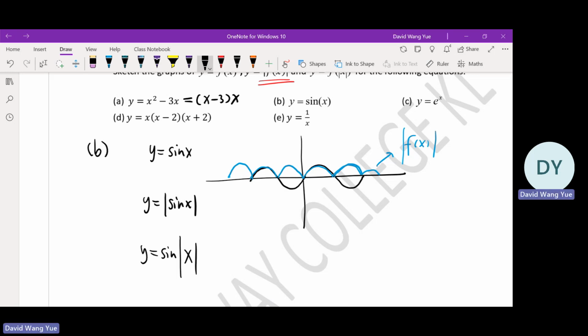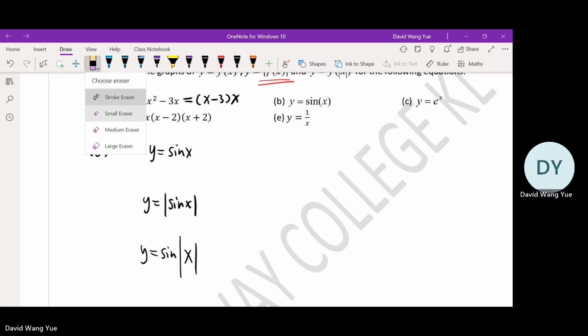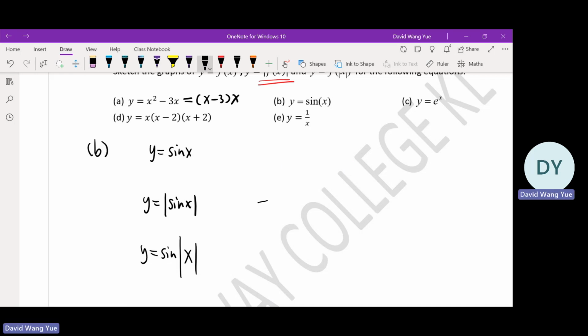Next one, y equals sine of modulus of x. For this one, I need to see originally what is my f(x). Okay, originally my f(x) is this.